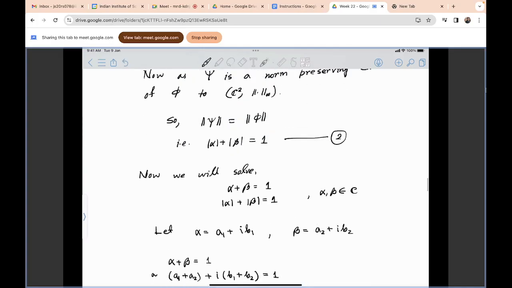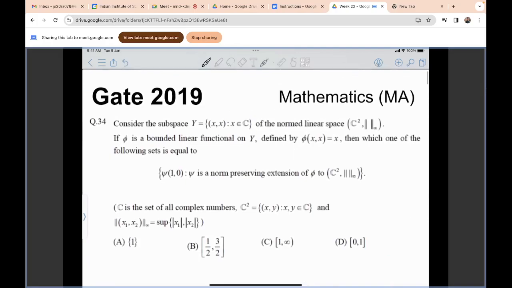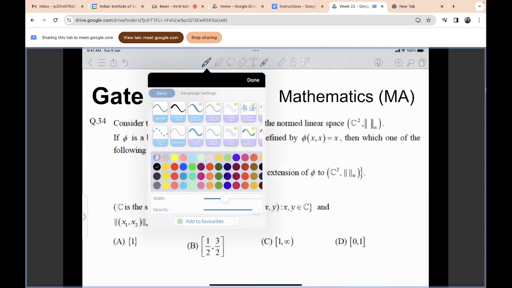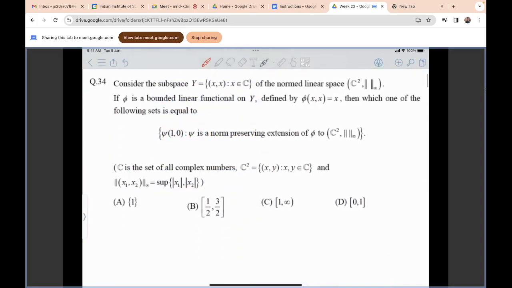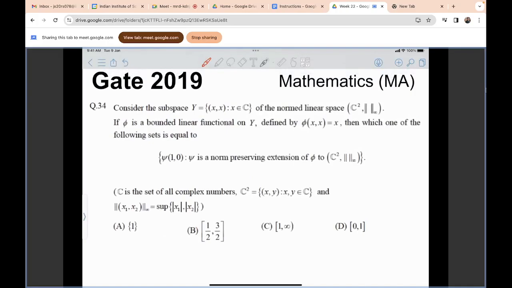Okay, so now let's check which option is correct. The first option is a single one, it's not true. The second one is 1/2 comma 3/2, this is also false. The third one, 1 to infinity, false. The last one is closed 0 1, so this is true. So option D is the correct one.